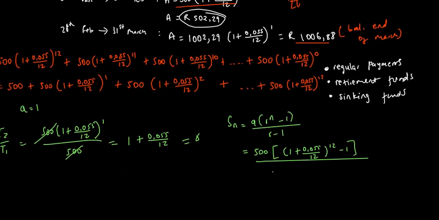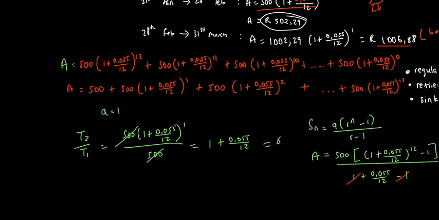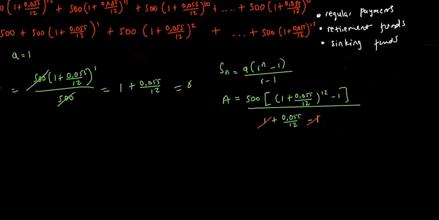Remember, this is your R, which is 1 plus 0.055 divided by 12. Remember there is a minus 1. So what happens at the bottom there is that this will cancel that. Okay. And by the way, sum of n is going to be the accumulated amount. Okay. It's going to be the accumulated amount. Right.